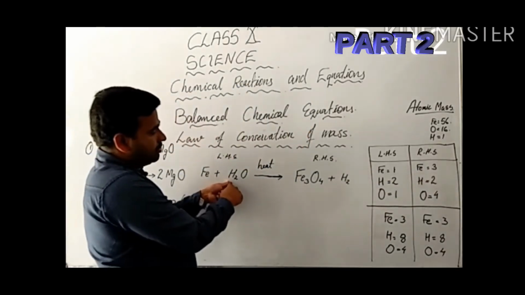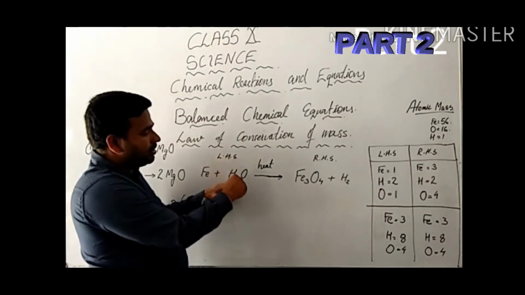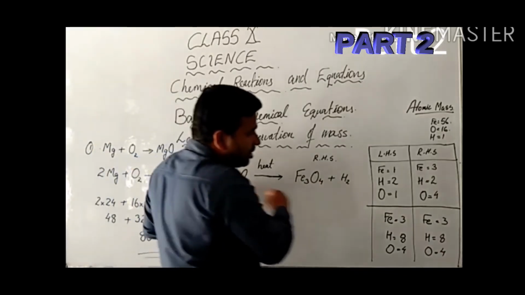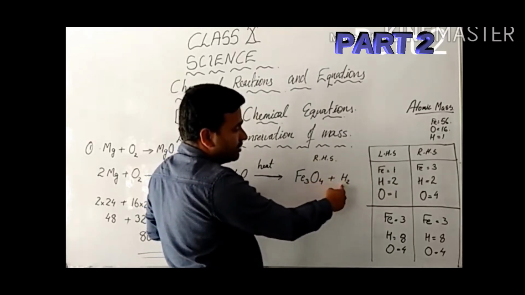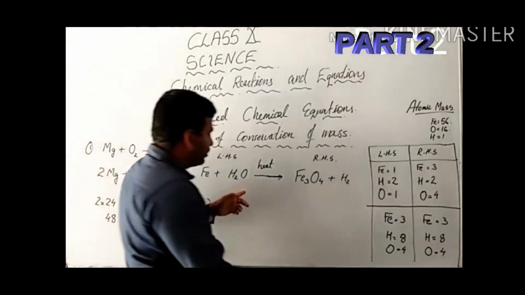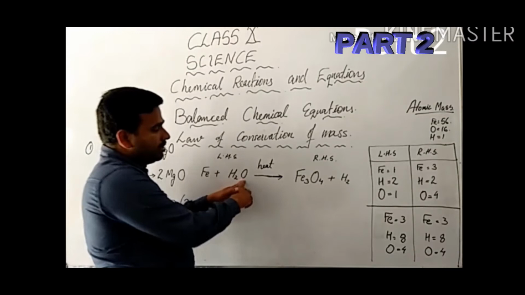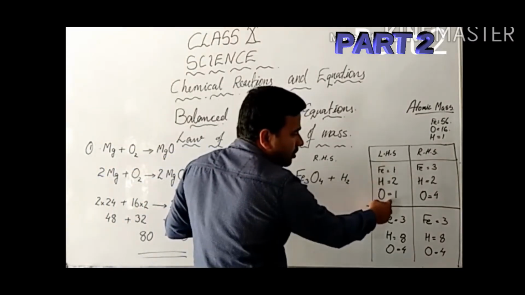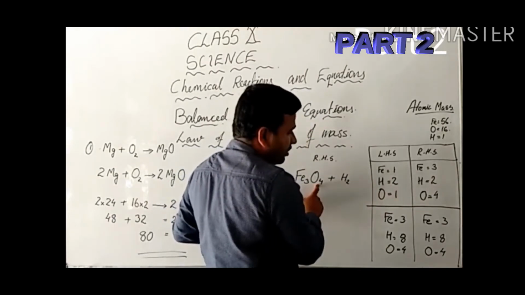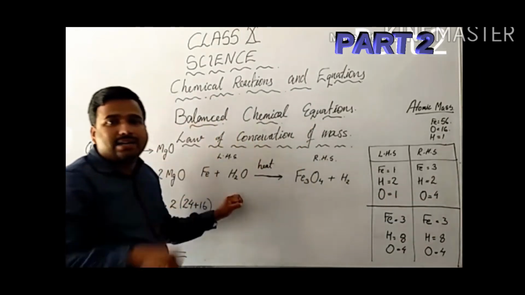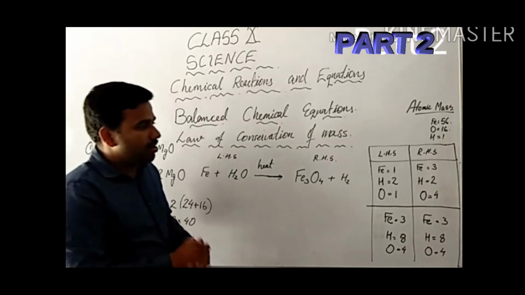Then the next one, hydrogen: on the left hand side there are two atoms of hydrogen, so we write 2. Moving to the right hand side, there are also 2. Then oxygen: on the left hand side we have only one atom of oxygen, and on the right hand side we have four atoms of oxygen.